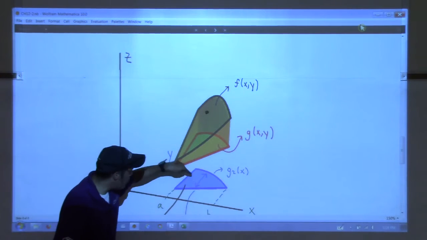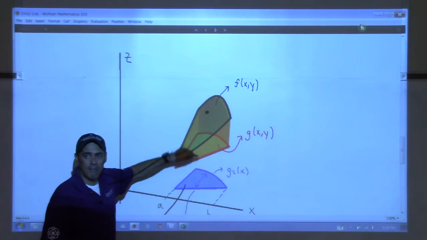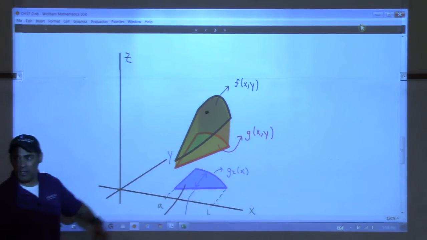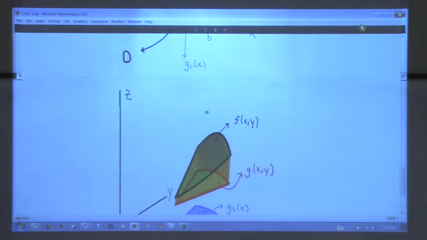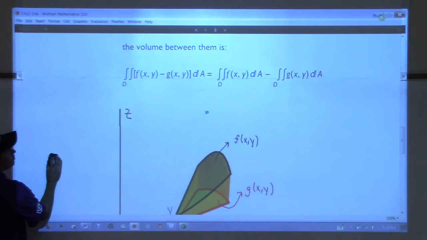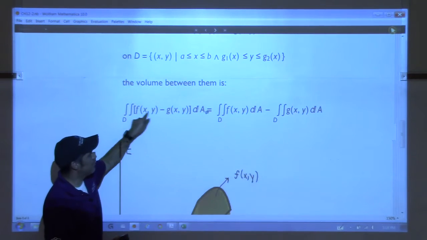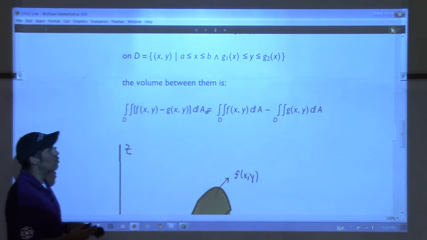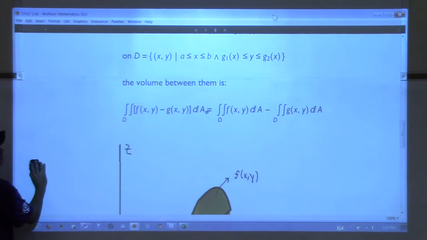It's now a type 1 region on the ground. So when your shadow is a type 1 region, you set up that integral and just subtract the two. It's the same thing, but the order of integration is actually important now.